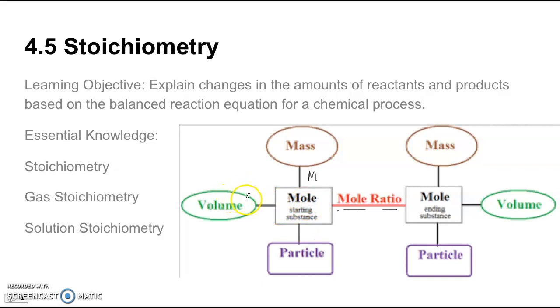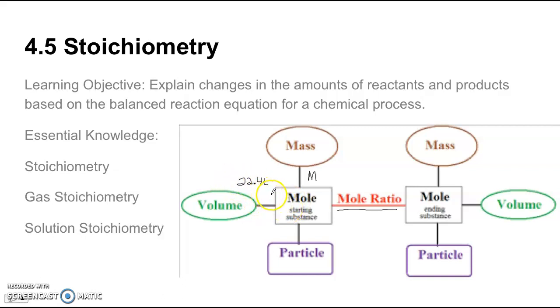And if we're converting for volume, if we want to find liters, there are a couple of different ways you can do this. If you're at standard temperature and pressure, then you can use the relationship that there's 22.4 liters of gas at STP per mole.